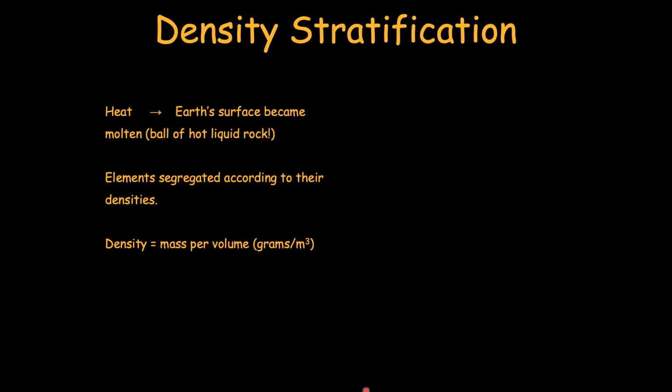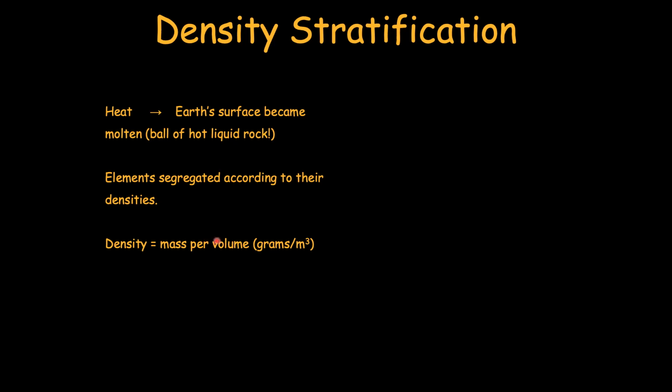Let's recall that an object's density is determined by comparing mass for volume. If you compare a rock and a cork, which have the same size, they have equal volume, but which one is heavier? The rock, because it has more mass.